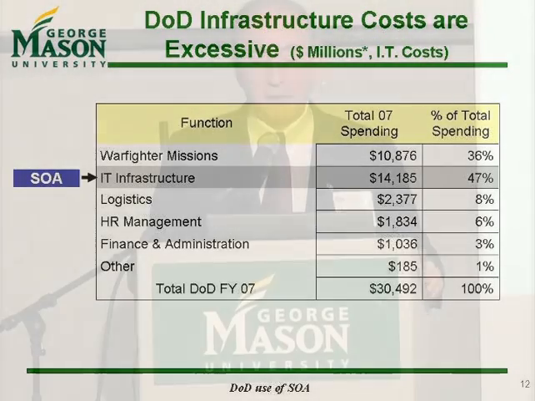But the bulk of the money is going into the infrastructure. In other words, the stuff that just sits there, the wires, the systems, the security, all of the support things which don't do anything for anybody except enable the applications to work, in my estimate, accounts for 47% of the total cost. Now, why is this so?